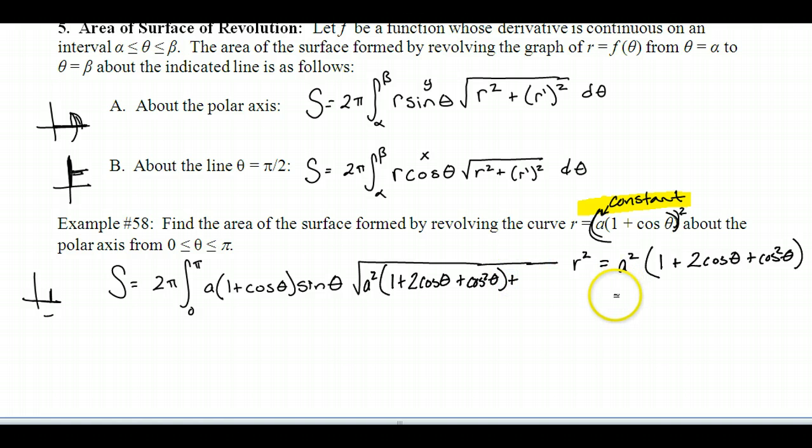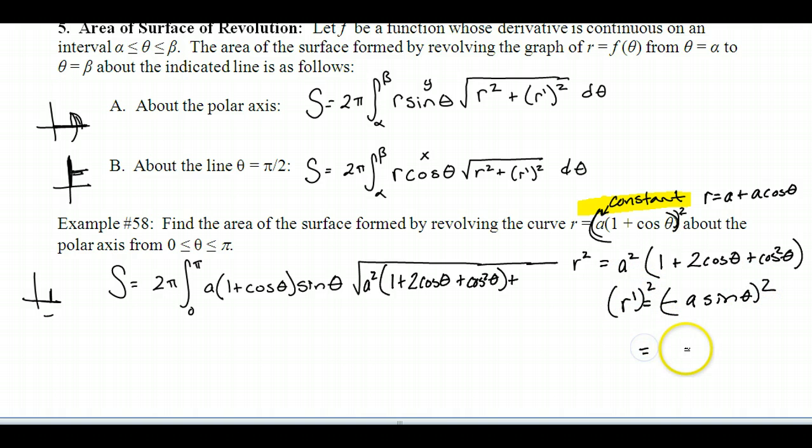I have to add to this the derivative, and this is where I would want to distribute. So if I distribute the a through here, my original function is a plus a cosine theta. Well, now when I take the derivative, a is a constant, so that's 0, and that would give me negative a sine theta. Remember, I have to square this.